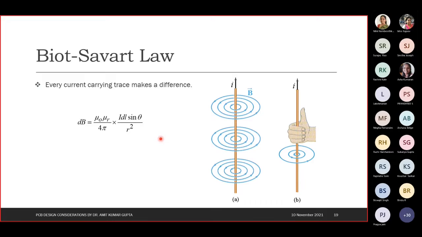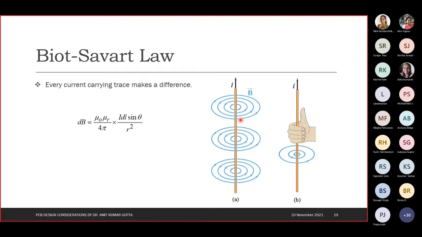We have studied that when a conductor is carrying a current, it will have a magnetic field around it, defined by B, the magnetic field density. If 10 ampere current is flowing, then it will have some magnetic field. If 100 ampere current is flowing, then it will have a stronger magnetic field.